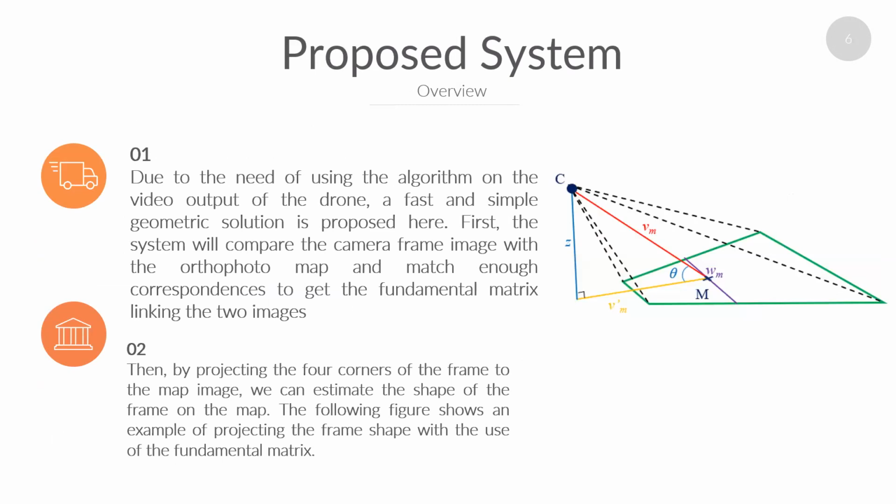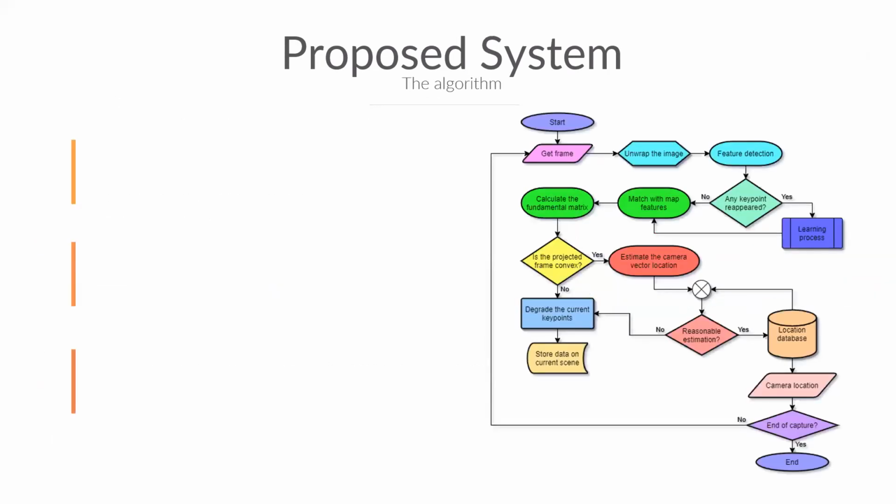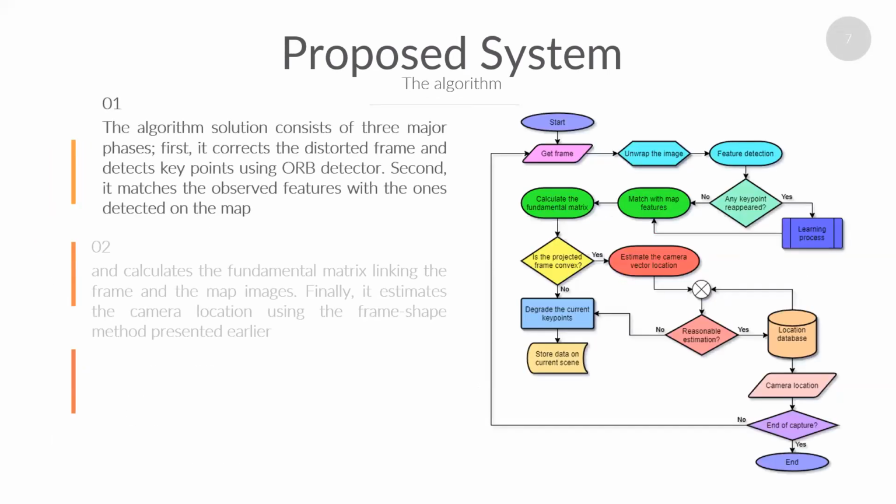Here is the map of the location that we will locate. By projecting the 4 corners of the video output, we select it like here.